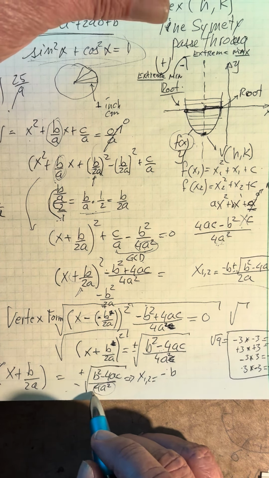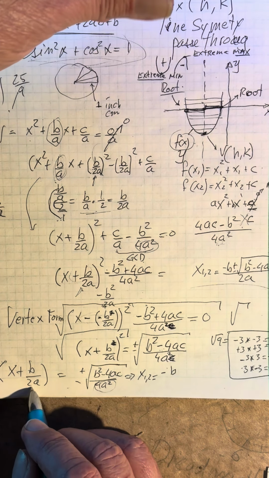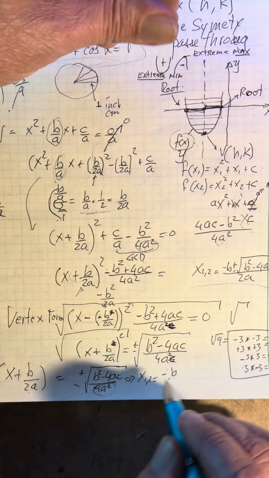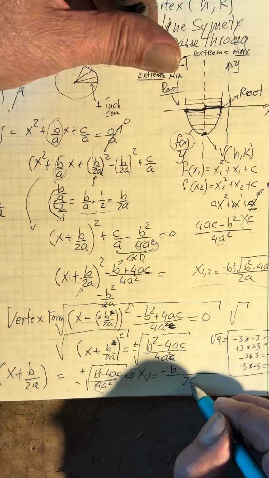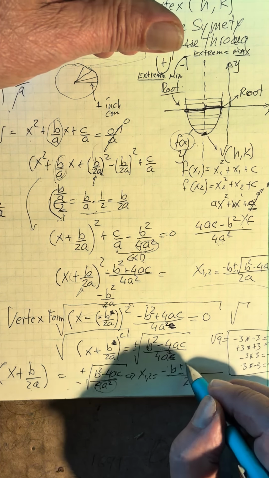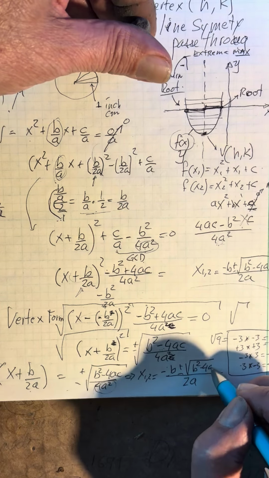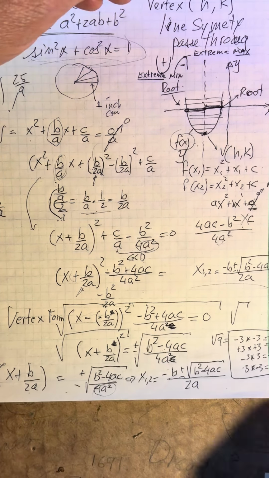And so we get 2a, which is the same as this 2a, which we're moving over there. So because they're the same, we can put all of it in one single line, 2a, plus minus the square root of b squared minus 4ac. And voila, we get to the answer.